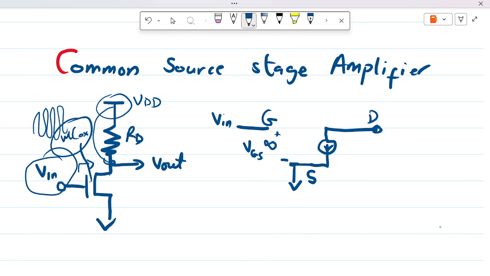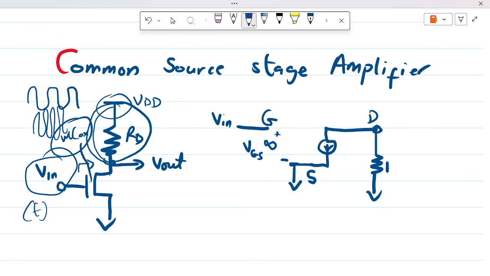But because the Vin will be changing with respect to time, it's always easier to think of it as a microphone giving a sinusoidal, and once you become more comfortable, you can think of other voltage or input signals. It could be input from a sensor or something else. Okay, so I'm going to draw the RD from the drain to the ground, and I'm sensing my output voltage from here.